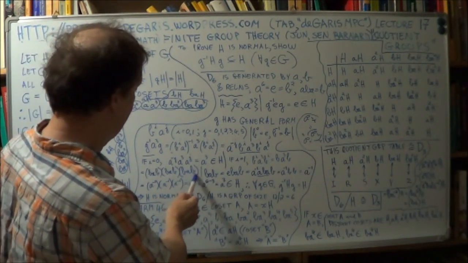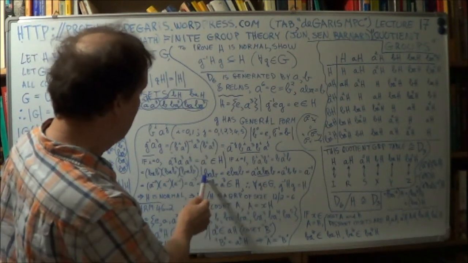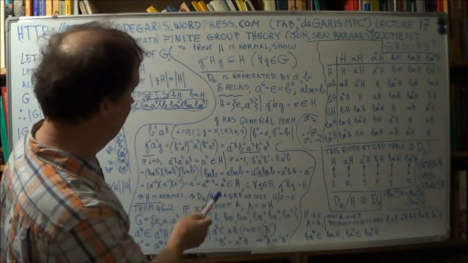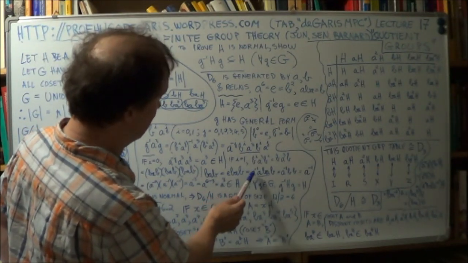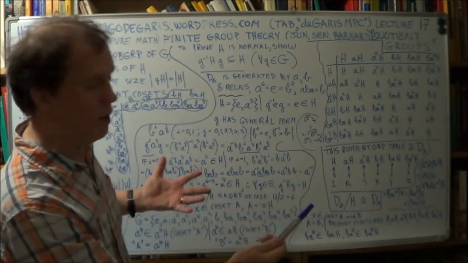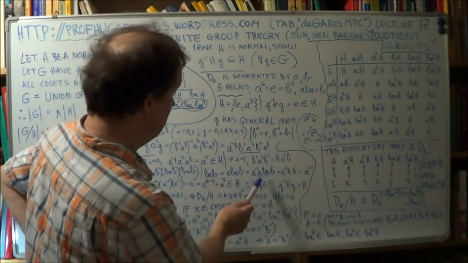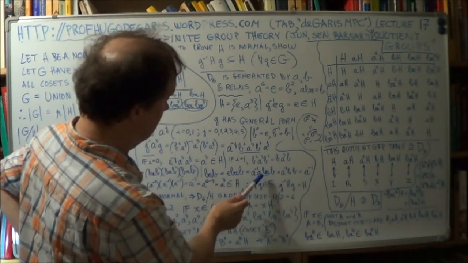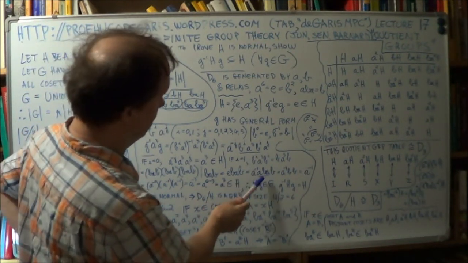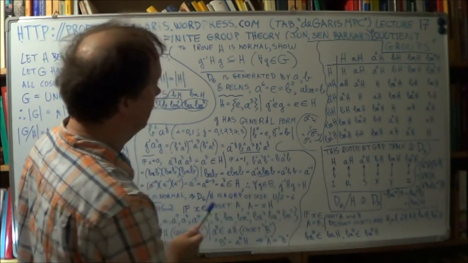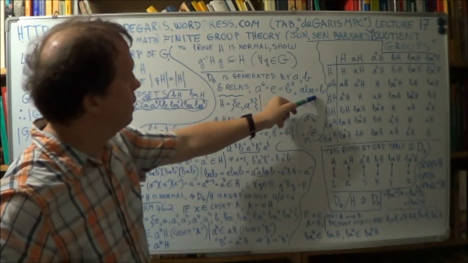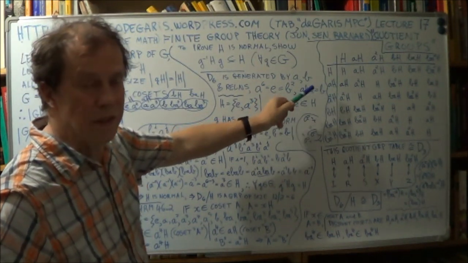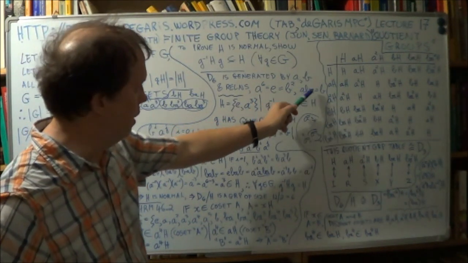So here's another trick. BAB is EBAB. You just put an e in front of it, and I can rewrite e as a inverse a, which is obviously e, right? But now I have three elements in the middle of the form ABA. Now here, ABA is B. That's one of the relations for a dihedral group, ABA equals B.